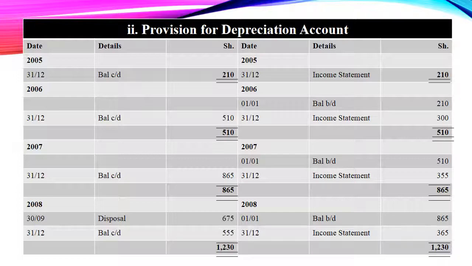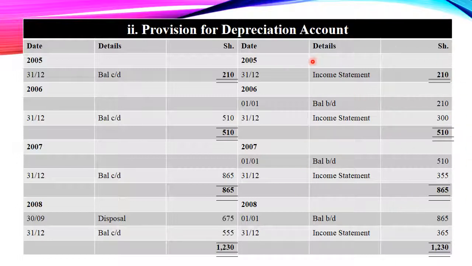So, to apply the double entry system, the provision for depreciation account will be credited, but the income statement will have a debit balance. Therefore, that is why you find that the balances in the provision for depreciation account will be on the credit side.